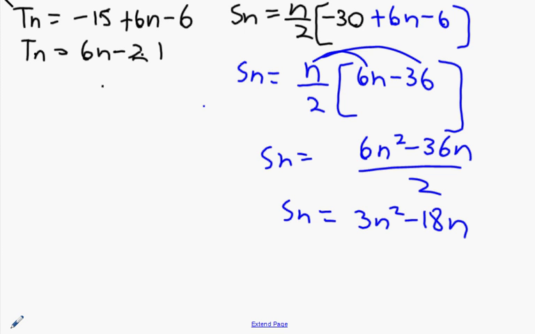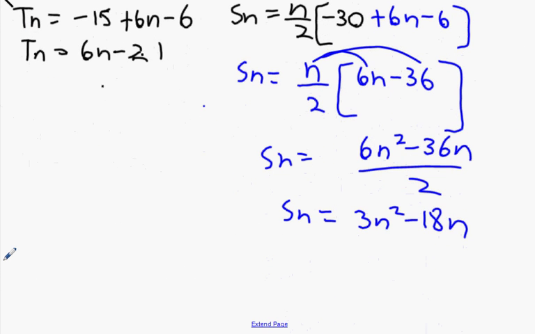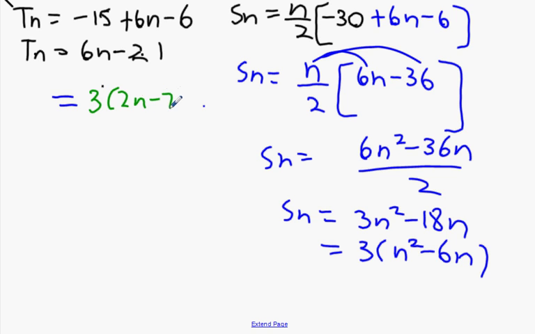Is it 3 or 3n you want me to take out? Just 3. So it's 3 into n squared minus 6n. Everybody happy with that? And then for this one, they also want me to take out 3. 3 into 2n minus 7. And that's both answers there.